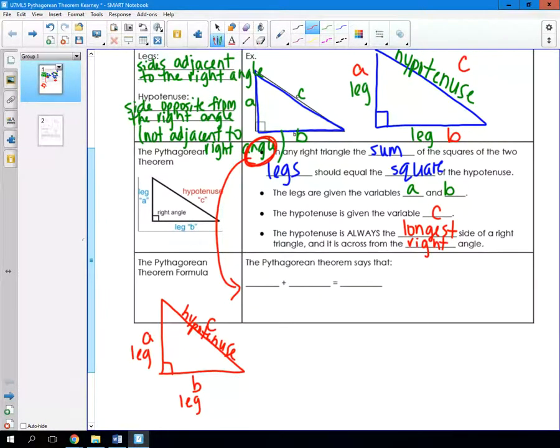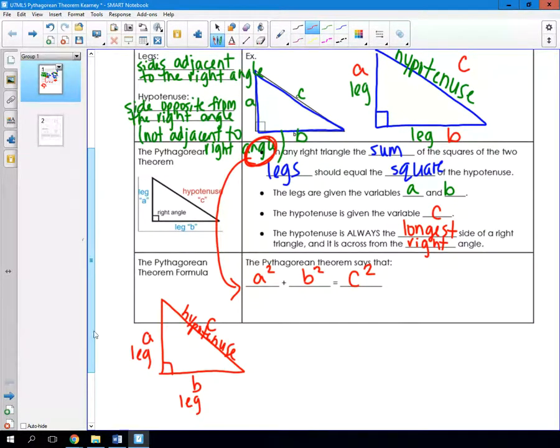The Pythagorean theorem tells us that if I square the legs, so I square A and add it to B squared, then that equals the square of the hypotenuse.